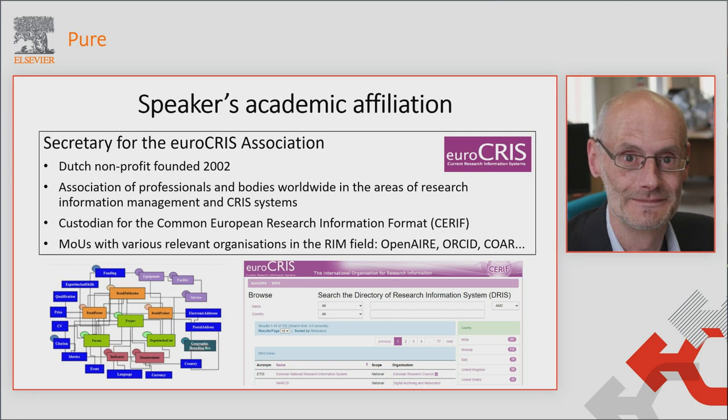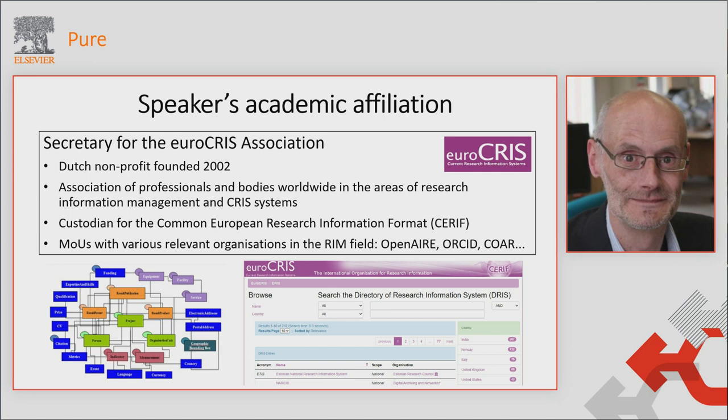So two main outputs, besides the fact that CRIS has memorandum of understanding with relevant organizations in the domain, two main outputs of its activity are the SERIF data model, or the SERIF standards, that will allow this metadata information to be exchanged across CRIS systems and aggregated.